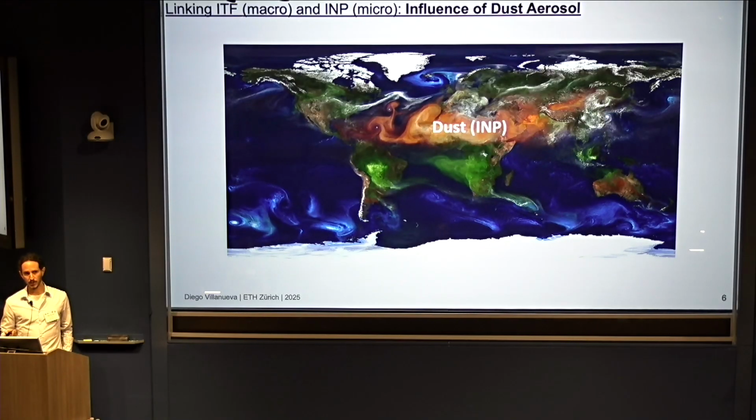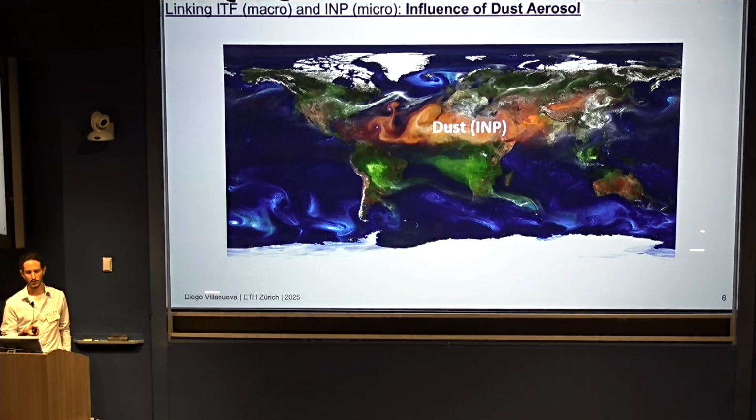And as Jasper said, we have a huge natural laboratory, which is based on the dust emissions being focused on the Northern Hemisphere. So in the Northern Hemisphere, we have much more dust INPs compared to the Southern Ocean. And we have also a second natural laboratory, which comes from the seasonality of these emissions in the Sahara.